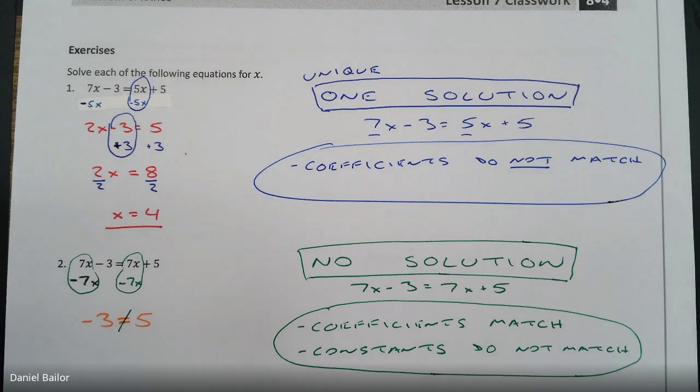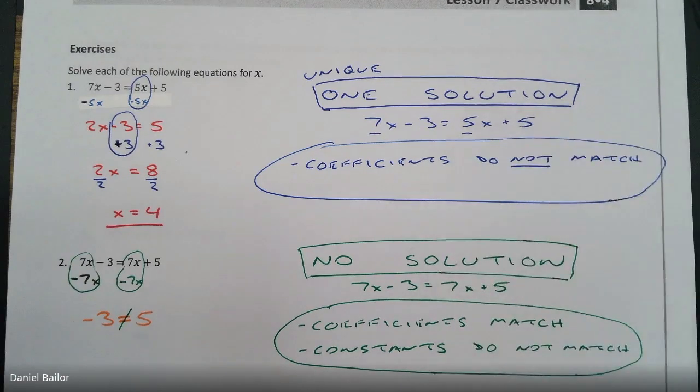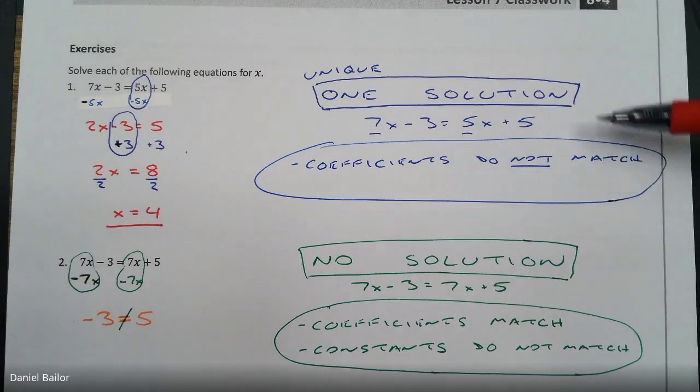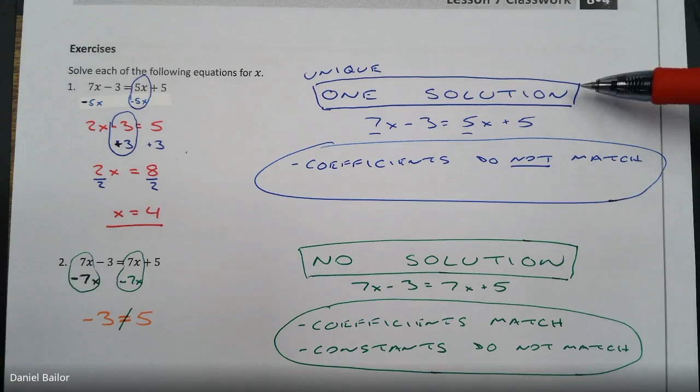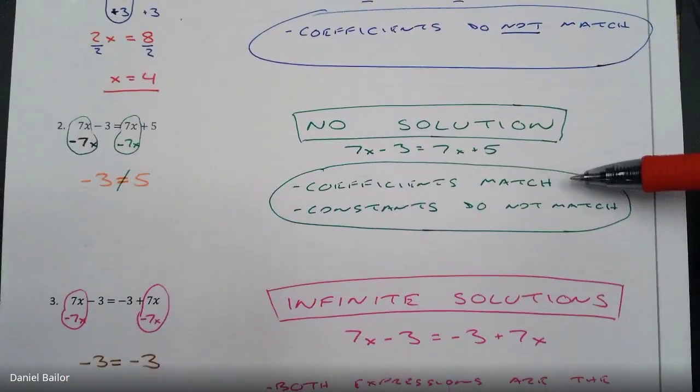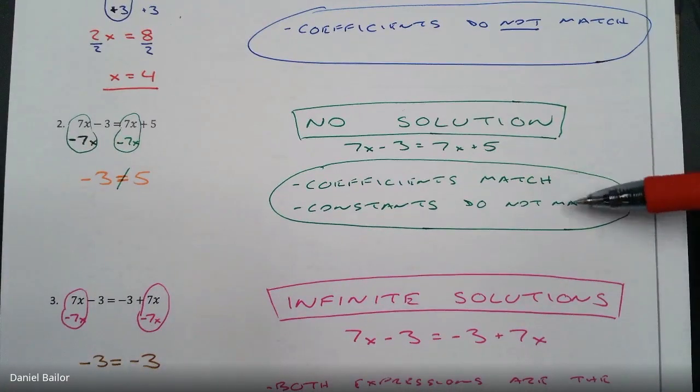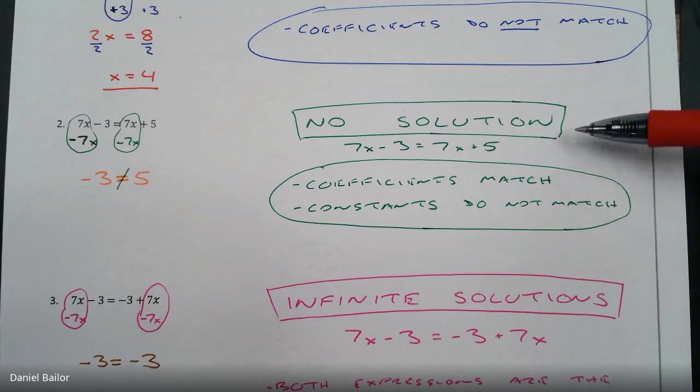So write these rules down, write these clues down, so that when we are doing our work today, you have something to look at and decide how many solutions there are. So when you're looking at an equation, if the coefficients do not match, there is one unique solution. If the coefficients match and the constants do not, there is no solution.